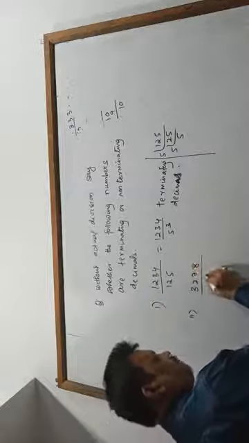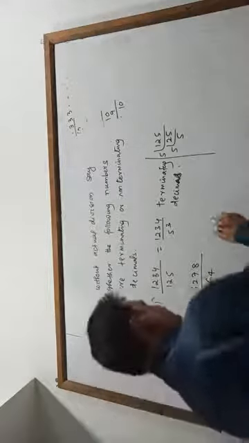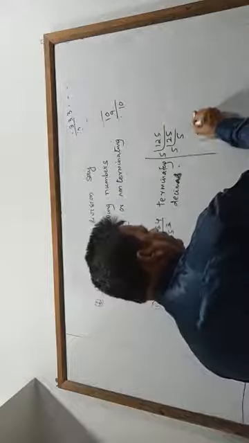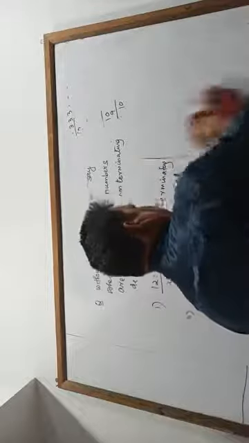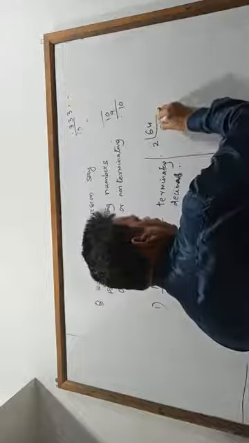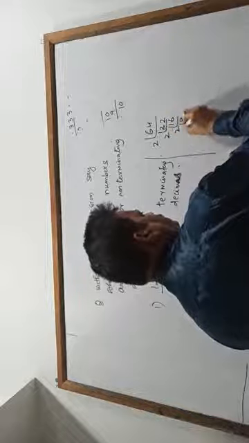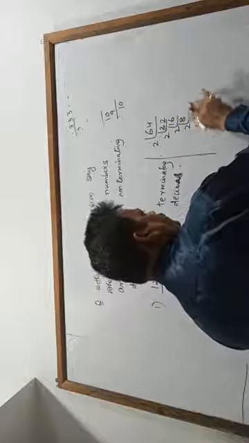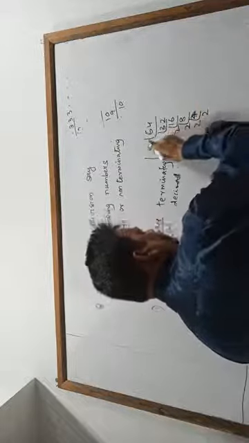3278 divided by 64. So 64 factors: 2 32, 2 16, 2 8, 2 4, 2 2, 2 1. 2 1 2 3 4 5 6.